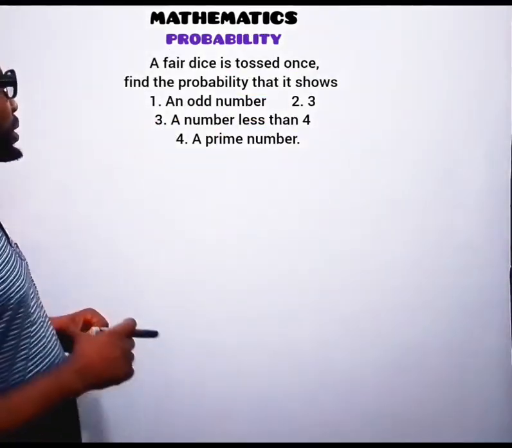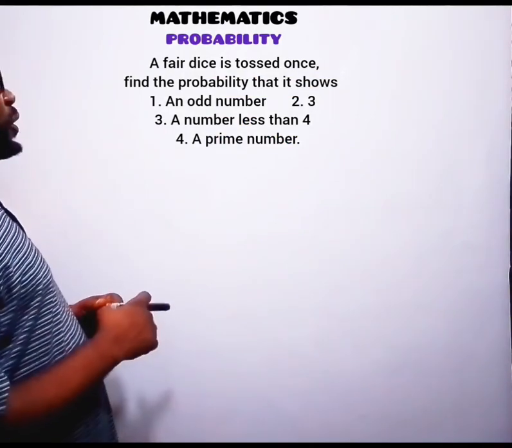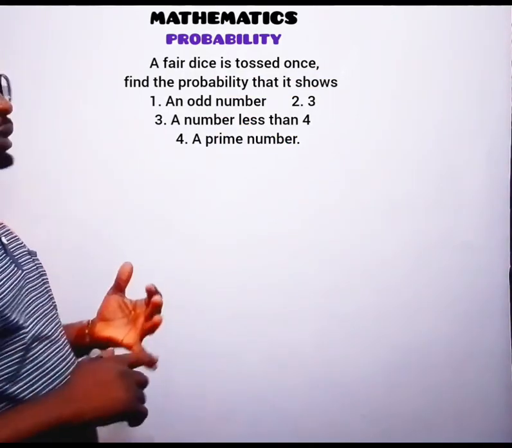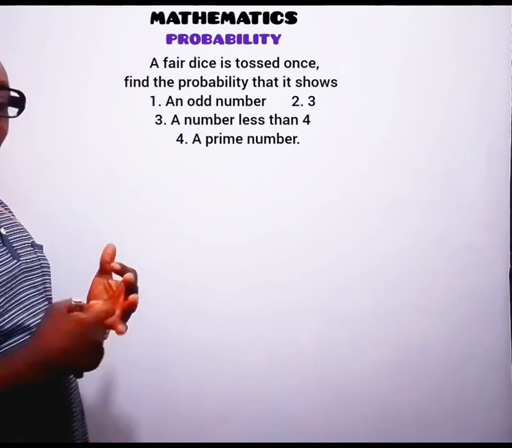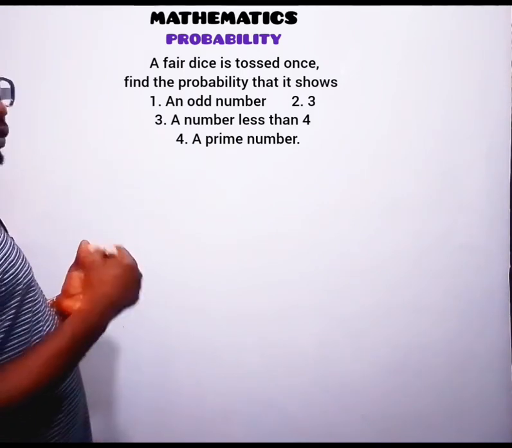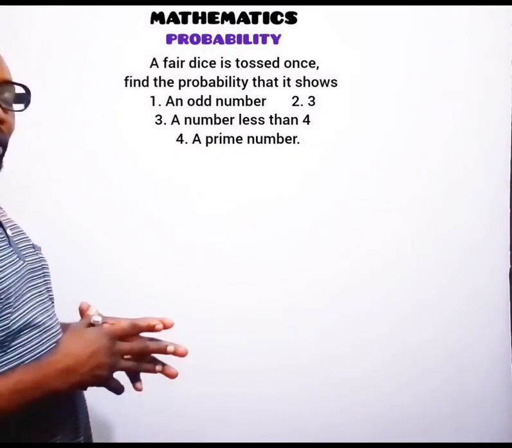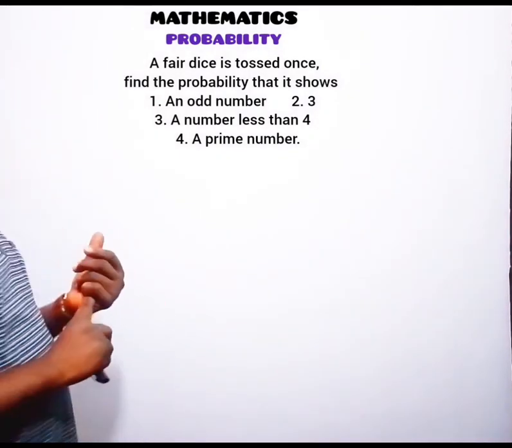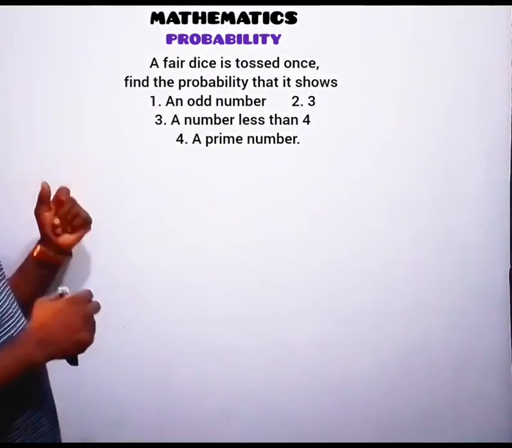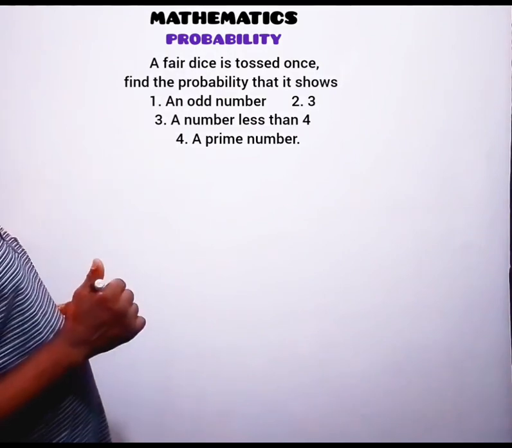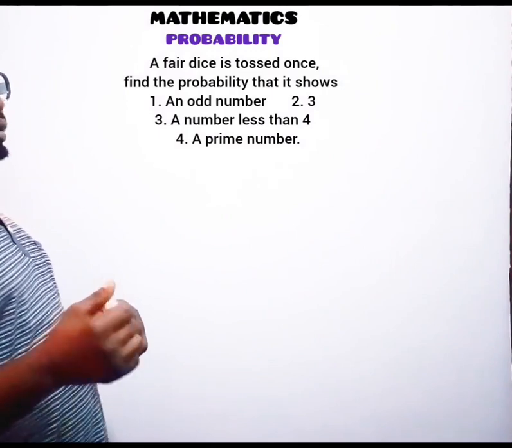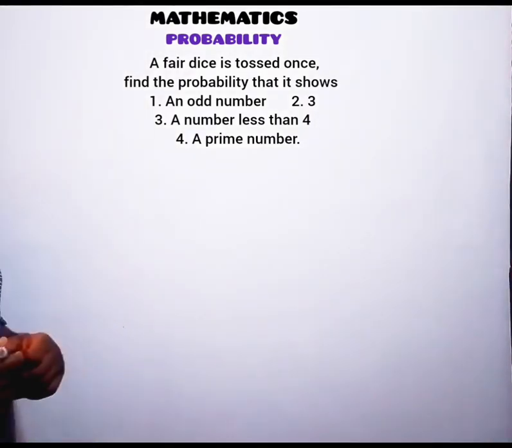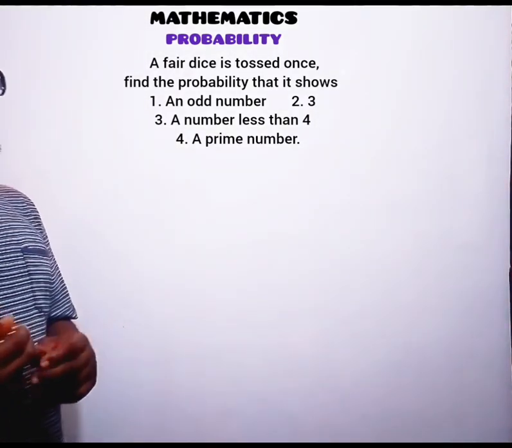A dice is tossed once. We have to find the probability that: one, an odd number shows up; two, a 3 is shown; three, a number less than 4 is shown; four, a prime number is shown.